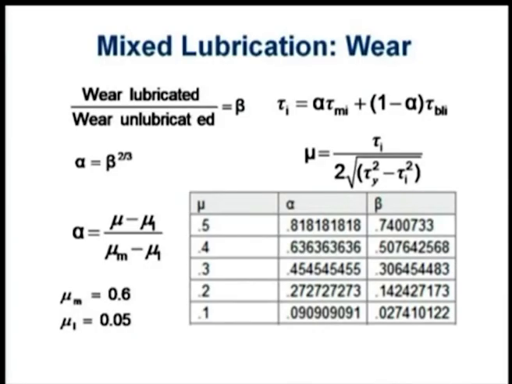So, this is a theoretical study, but let us take an example where mu is equal to 0.5. That means, in the real mixed lubrication condition we did, with some liquid lubricant and some boundary additives, the coefficient of friction turned out to be 0.5.